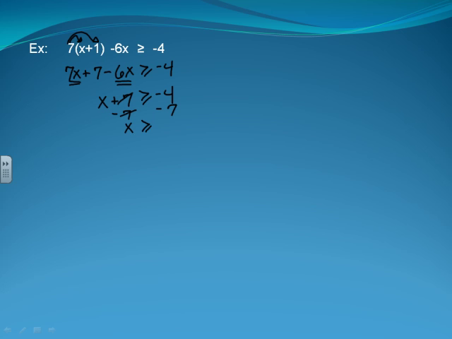I've got x on the left-hand side, and negative 4 minus 7 is negative 11. That's my solution. I want to graph it on a number line. Draw your number line. Put negative 11 on there. X is greater than or equal to negative 11, so that line extends to the right, and we have a closed dot at negative 11 to indicate negative 11 is included in that solution set.